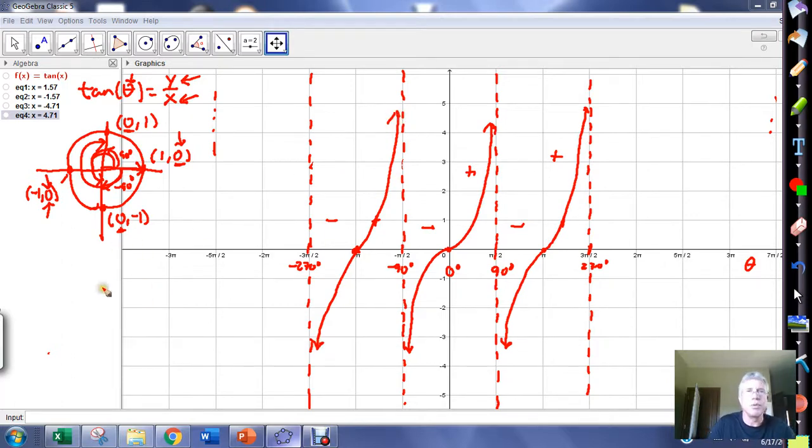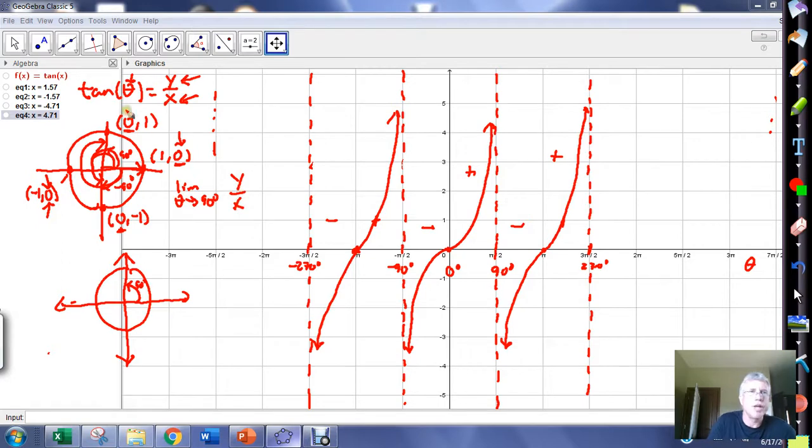So what we can do is, again, think about what's going on on the unit circle as we approach a vertical asymptote. Let's say I'm approaching 90 degrees. Let's look at the limit as the input angle goes to 90 degrees of the ratio y divided by x.